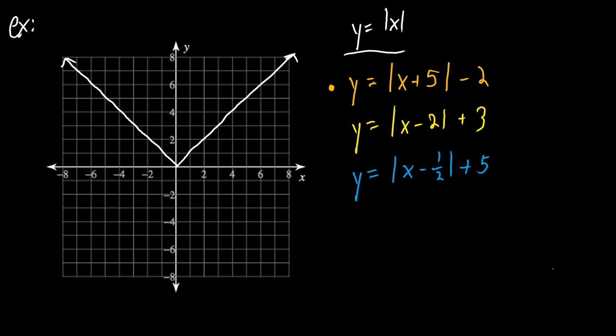So let's do this one first. I always look at the vertical shifts first just because it's a little easier for me. So I know this is going down 2, and I know this is going to the left 5. So come here, down 2, and to the left 5 right there. And just graph the behavior of absolute value of x.